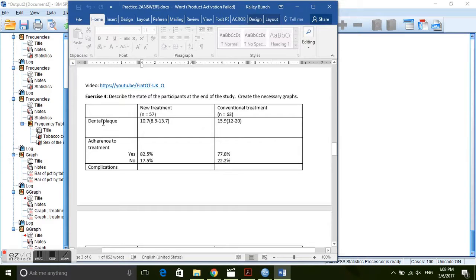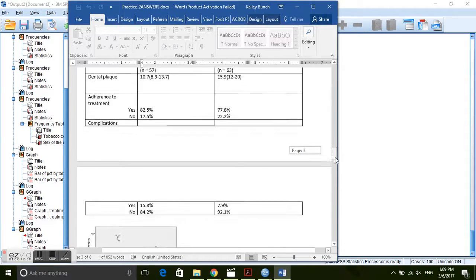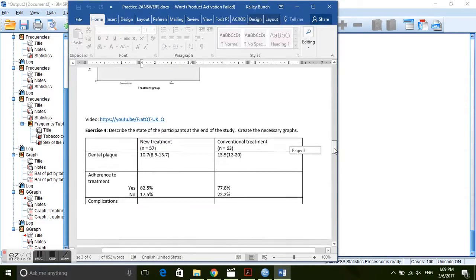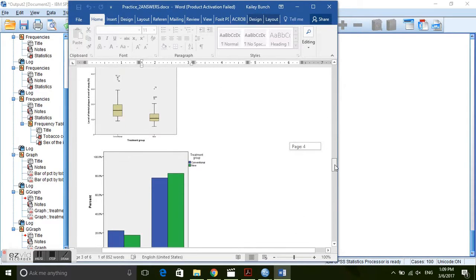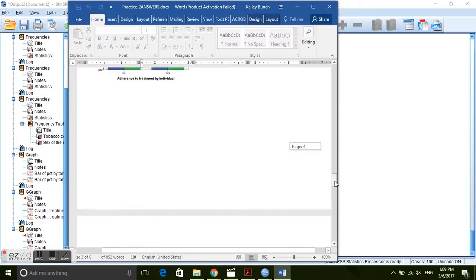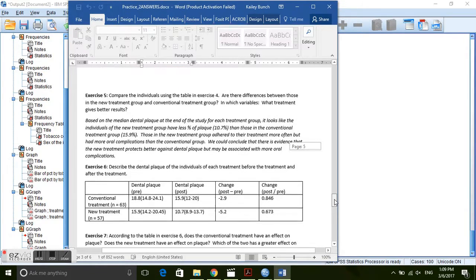So dental plaque is a non-parametric or non-normal distribution, so you need to put the median and the interquartile range. And adherence to treatment and complications are categorical variables, so put the proportion or the percent. This is the percent. I'm not going to do that because it's the same as before. Make sure that you're using the correct dental plaque variable, and that's dental plaque at the end of the study. And then you can do the same for the graphs.